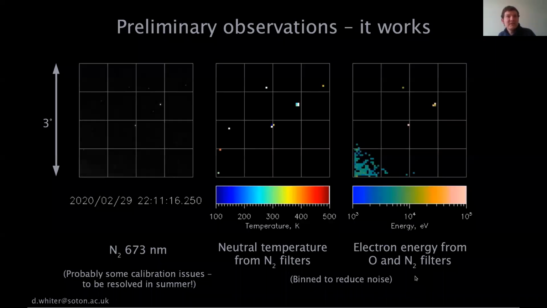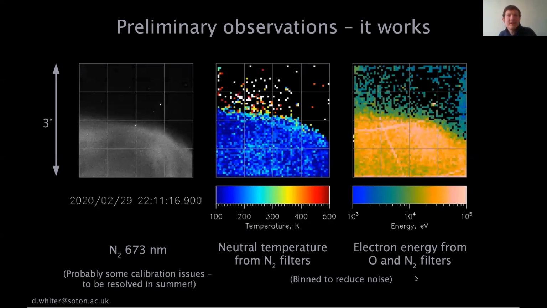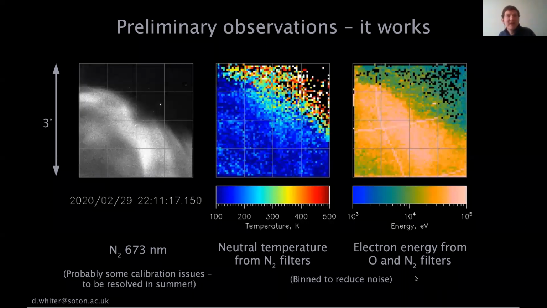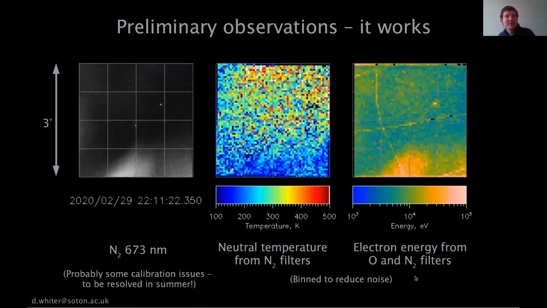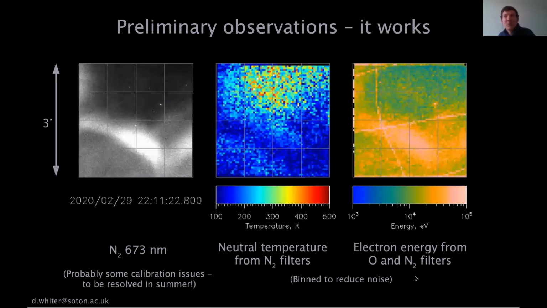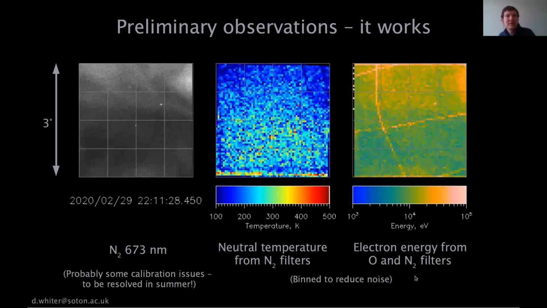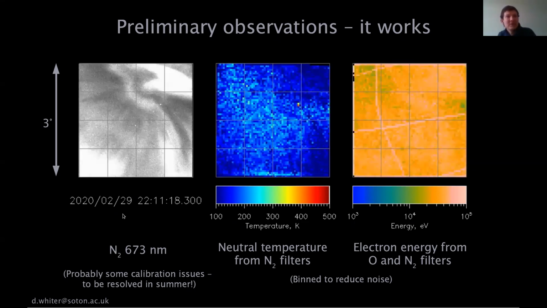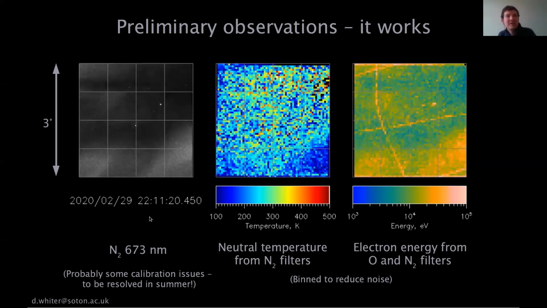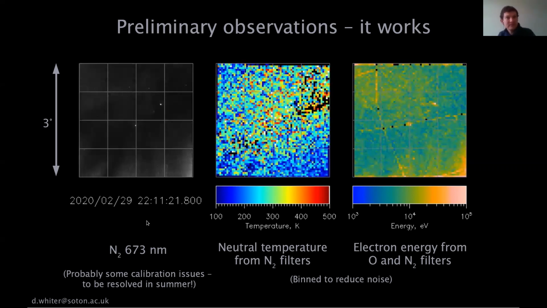Okay, this is some preliminary observations. I installed that filter in January 2020, and then quite a few things broke, unfortunately, and the pandemic came along, which meant I couldn't go and fix them. We did go up in December, just gone, and managed to fix a lot of things. But these are observations I got just before some things broke, so February 2020.